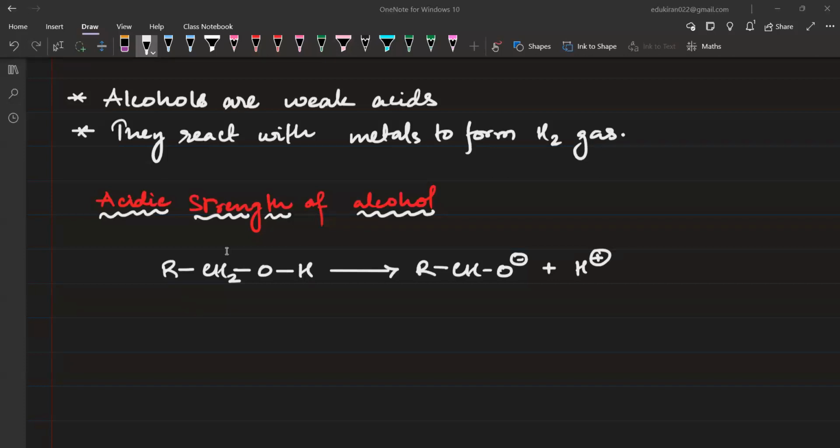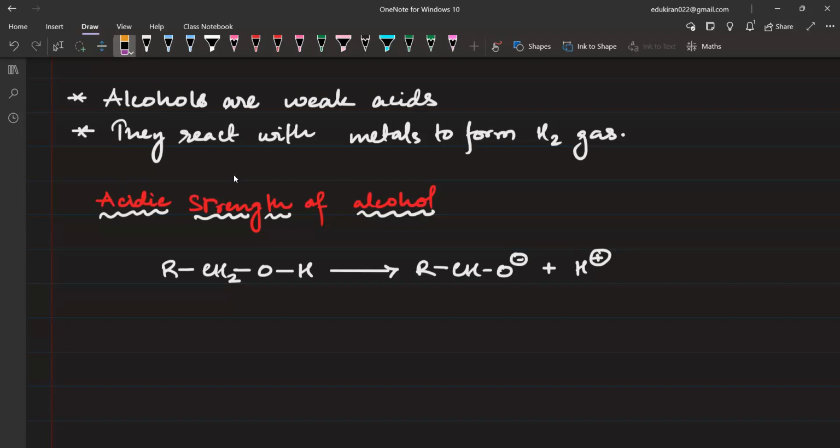No matter how strong or weak the acid is, we are always getting H positive. So if you compare the H positive part of different acids, it will not make any sense. Rather, you have to compare the conjugate base. When you remove hydrogen from any acid, whatever remains is known as the conjugate base.